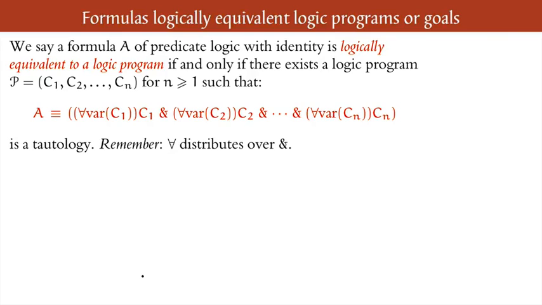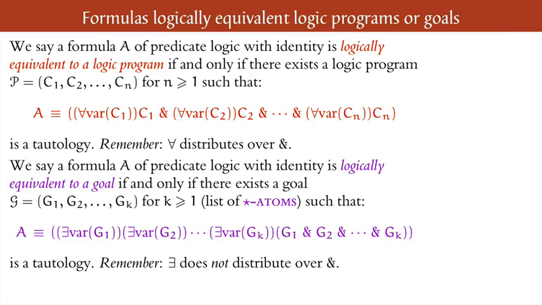Now, a predicate logic formula is logically equivalent to a logic program if and only if it is logically equivalent to a conjunction of program clause formulas, allowing size 1 conjunctions. As we saw, it can be useful to appeal to distribution of universal quantifiers over conjunction.